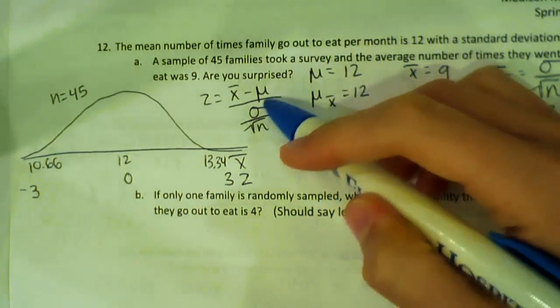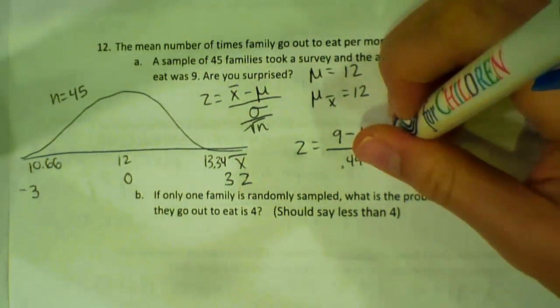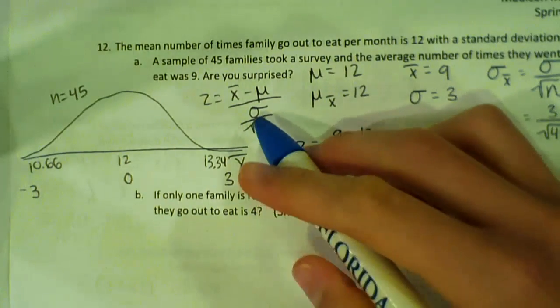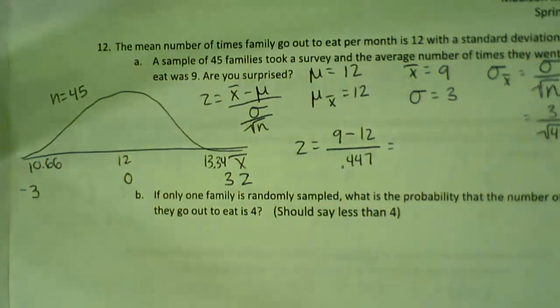That's something that we learned in chapter 1 and chapter 2. The only difference being this is our standard deviation now. So what did we find as our z-score? Negative 6.7?